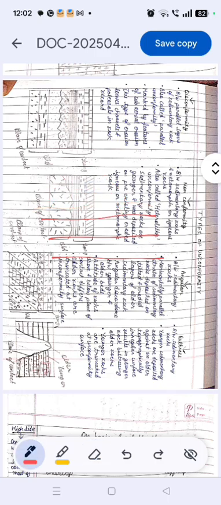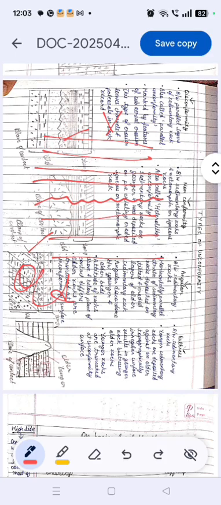So this will be formed like this, and there will be a time gap where there will be no deposition. And after some time, there will be deposition on this layer for formation of younger layers. So this is the disconformity. Older layers, younger layers.